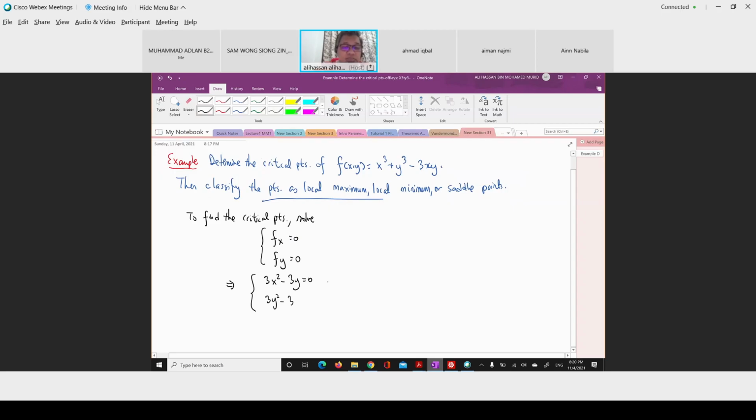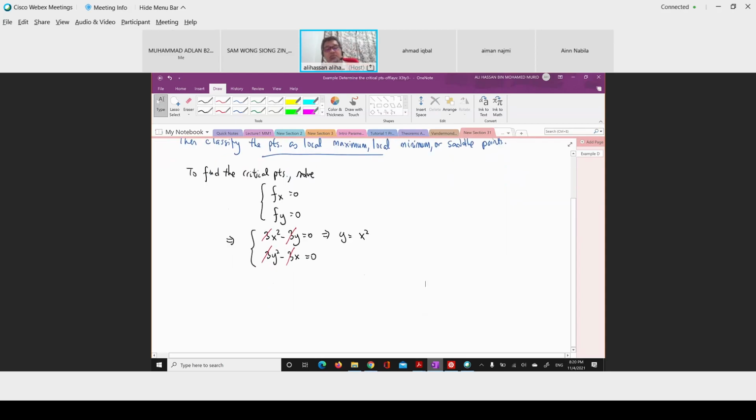So the first equation implies, I can cancel out the common factor 3 here, y equal to x squared. You must have studied solving systems of equations, right? So here is one application. From the second equation, we have y squared minus x equal to 0.